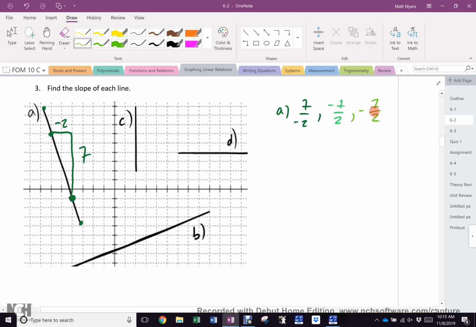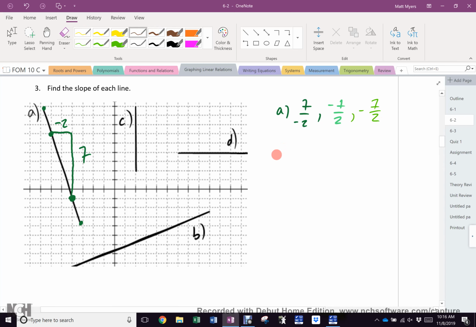Yeah, because they're all the same number, aren't they? 7 divided by -2 is -3.5, right? -7 divided by 2 is -3.5, right? They're all the same thing. Everybody cool? Okay.